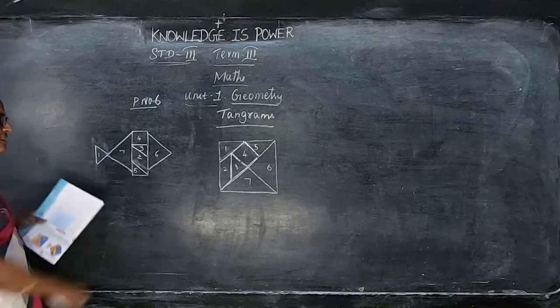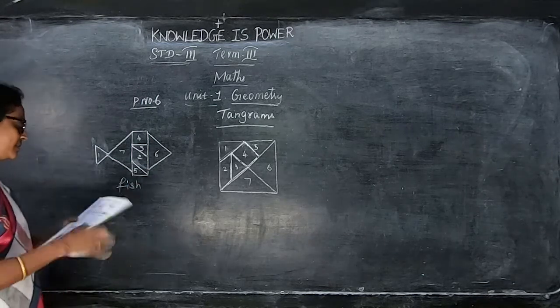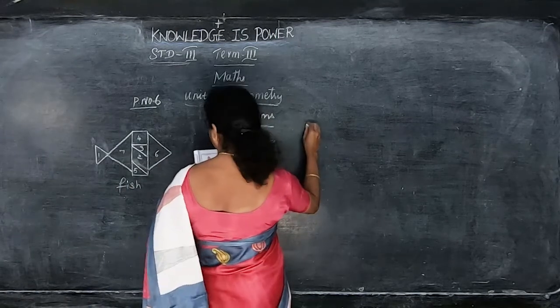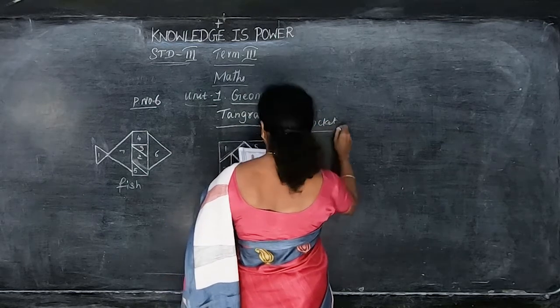So this is the fish using these tangram pieces, and then there is a tangram rocket. For the rocket, I will just draw this.